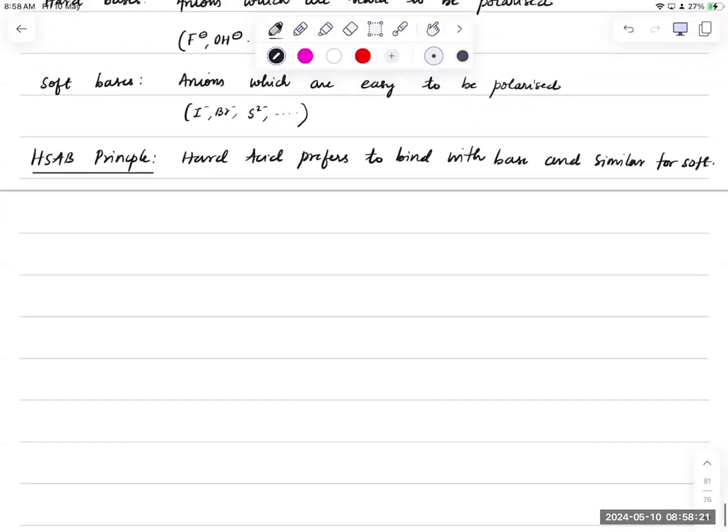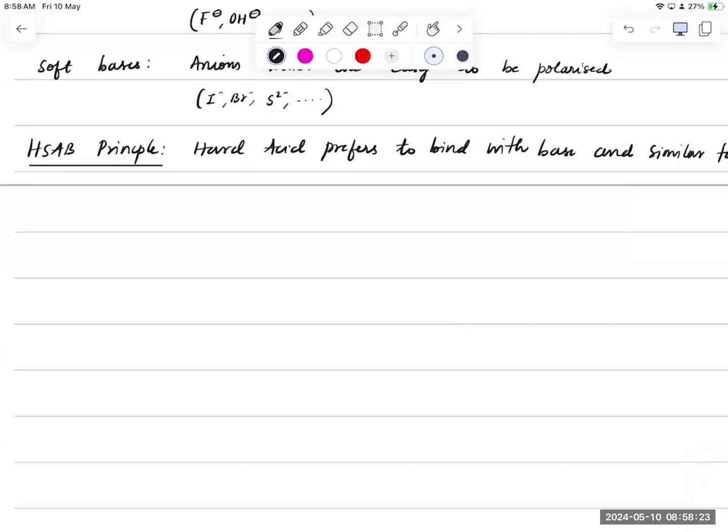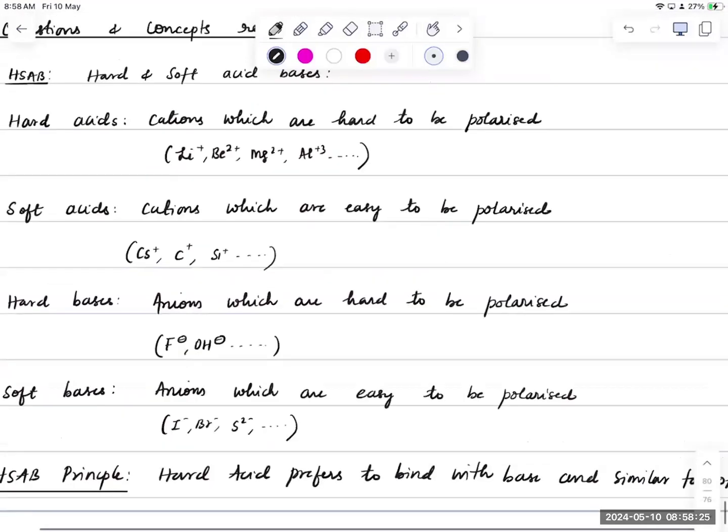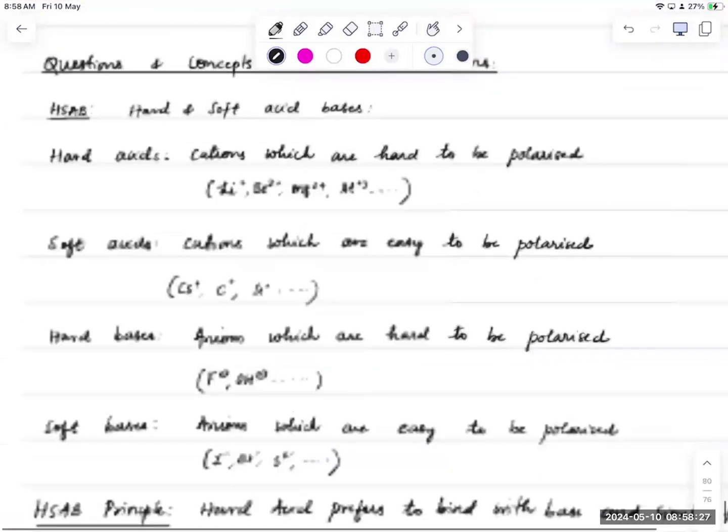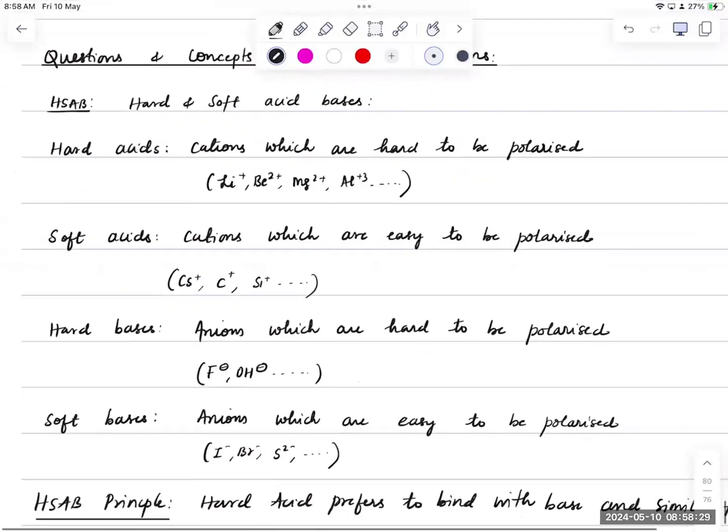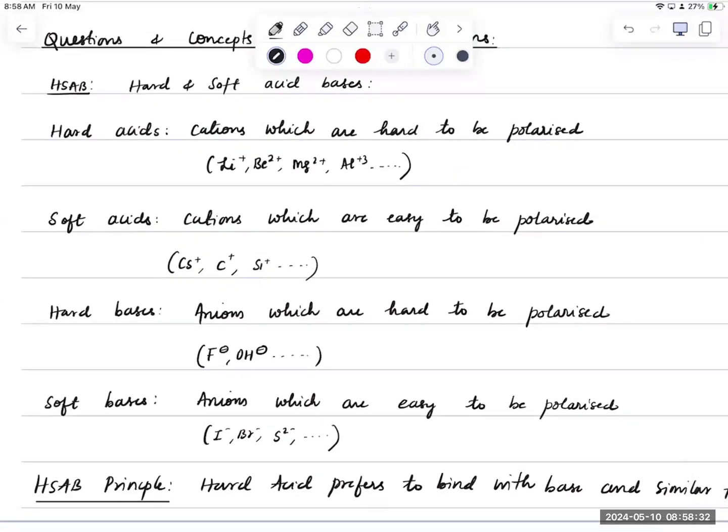This is called the HSAB principle. Remember that. So which are hard acids, which are hard bases, which are soft acids, and which are soft bases.